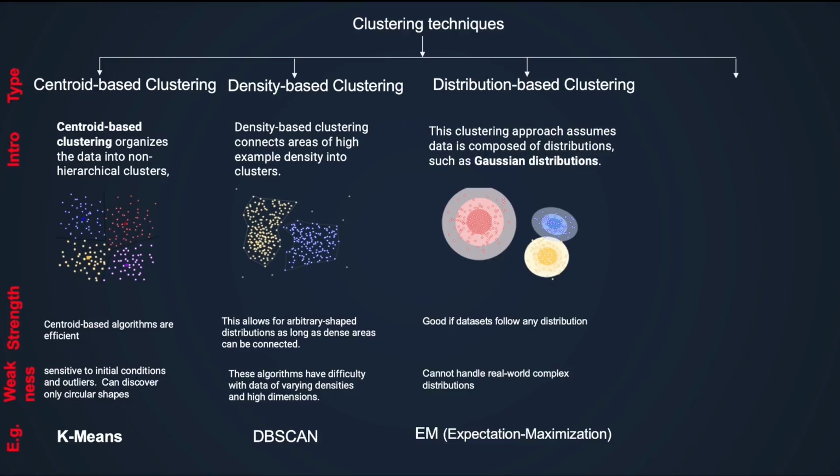The weakness of these algorithms is that since real world datasets are complex and each attribute may follow a different distribution, they may not work properly in certain scenarios. A classic distribution based clustering technique is called expectation maximization.